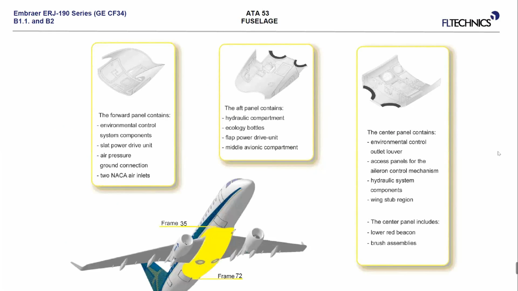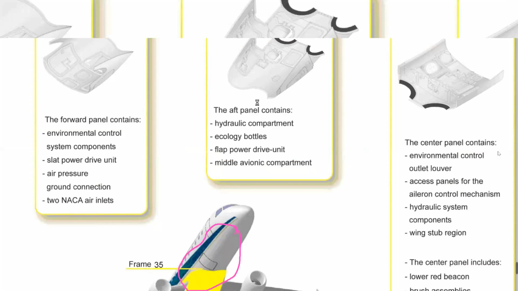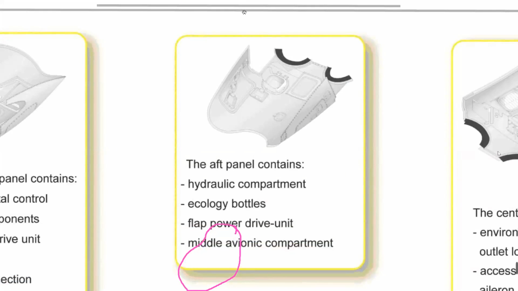You can imagine that all this yellow here is our wing to fuselage fairing, this belly fairing, and it is divided into only 3 panels. If you want, I can zoom in a little bit so you can see the number of the screws here. You see, it's terrible if you have to remove them, really, it's too much.